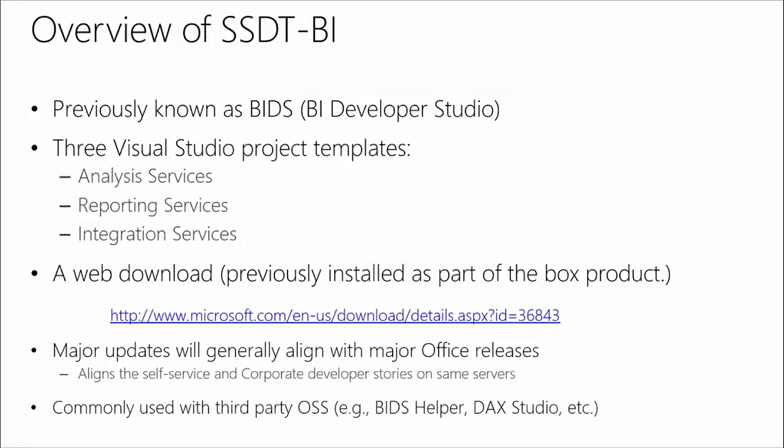As we ship in Excel, that means our cadence will match the Office schedules, because we can't have Excel and what you can do in Excel be out of sync. So I believe the practical implication is that when there's a major new release of Office or BI functionality with Office, you could expect to have to download a new release of the BI tools to get that new functionality.